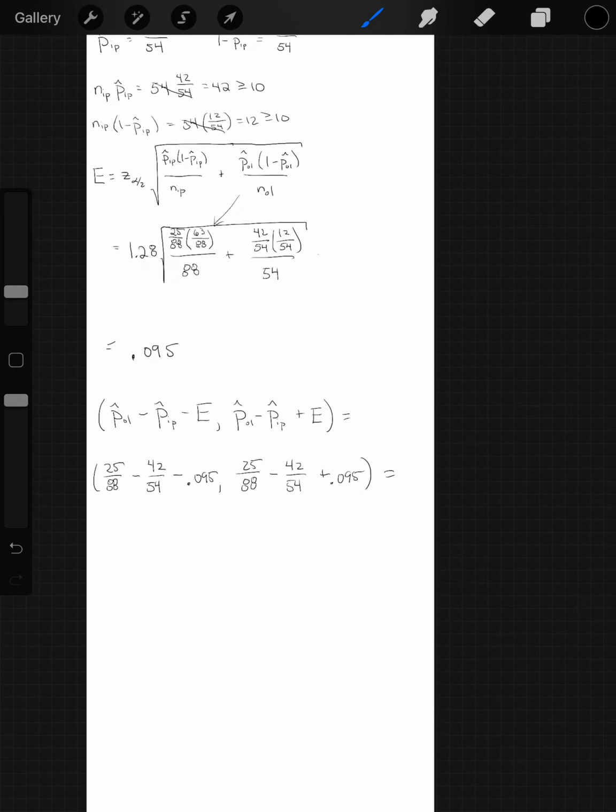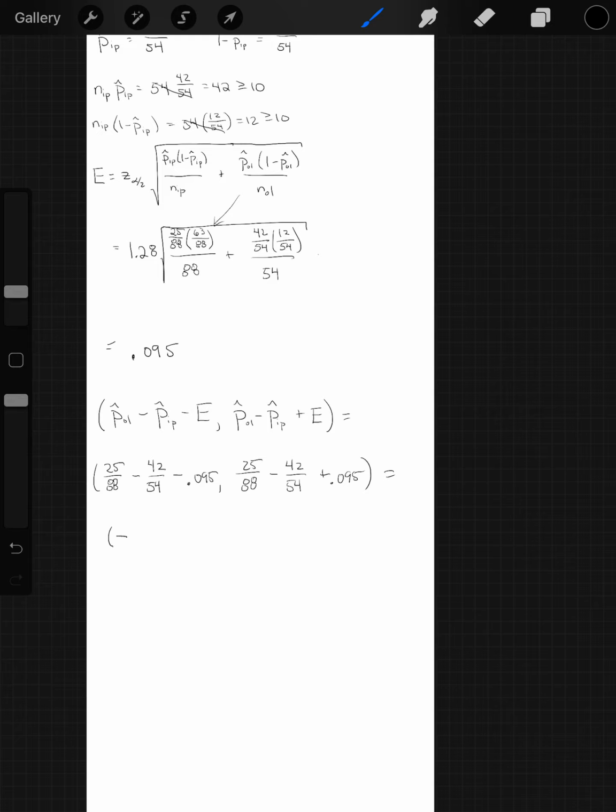Now this, I'm not even going to try to do in my head. I'm going to throw it into my calculator, because I'm not going to do that sort of crazy conversion.